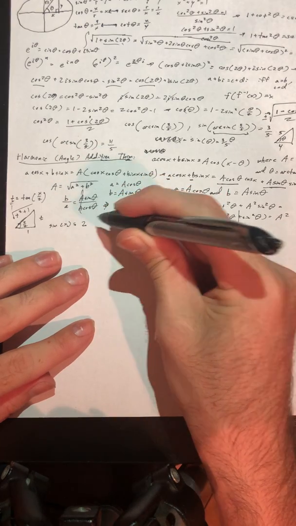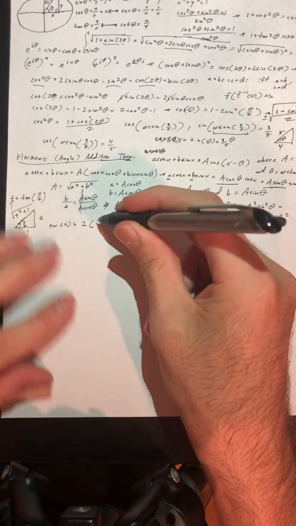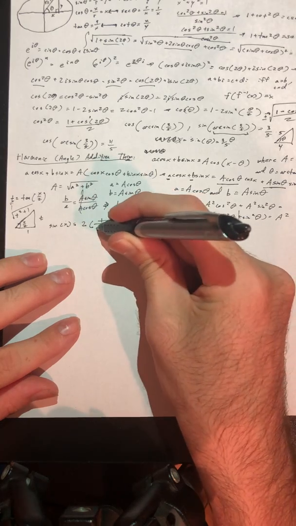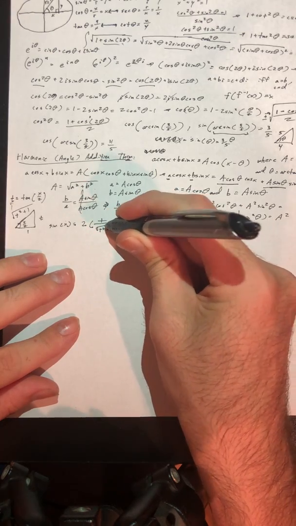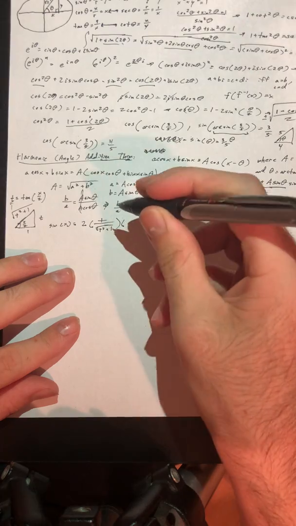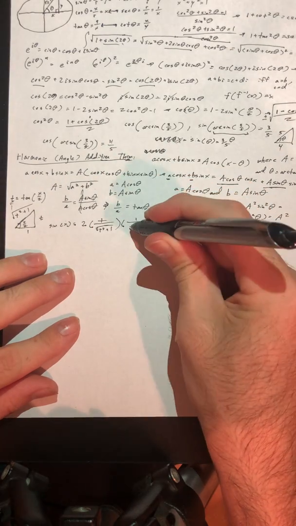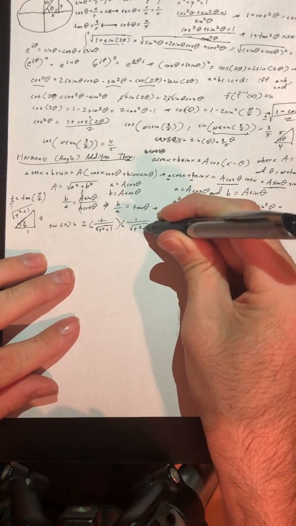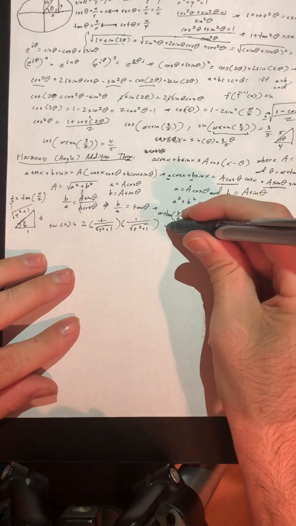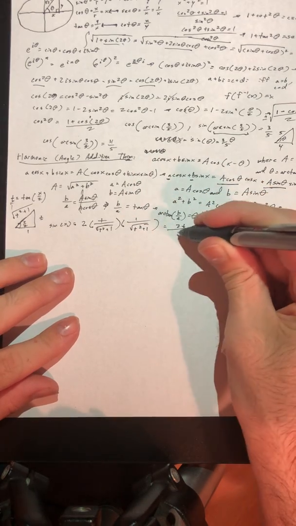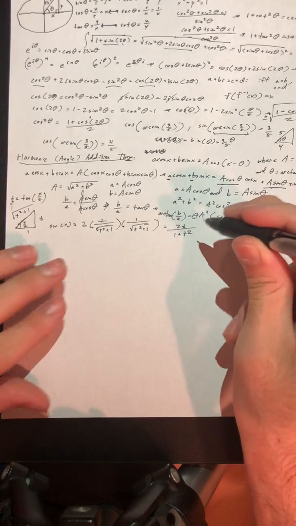So that's 2 times t over square root of t squared plus 1 times cosine, which is 1 over square root of t squared plus 1. So you get 2t over 1 plus t squared is sine x.